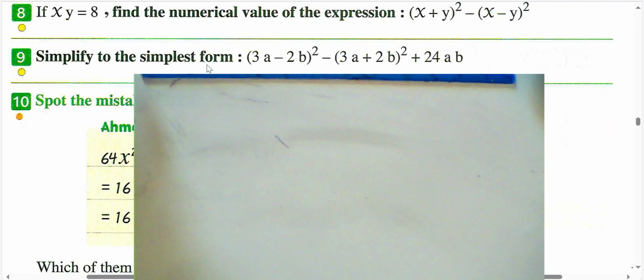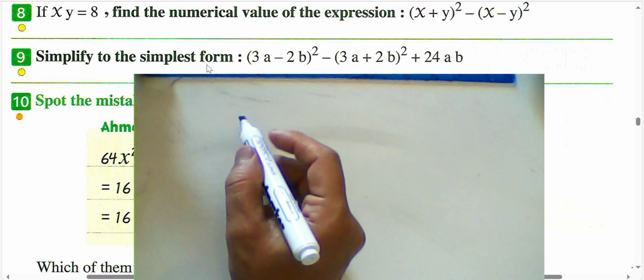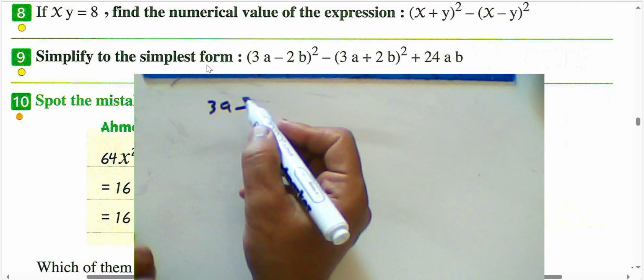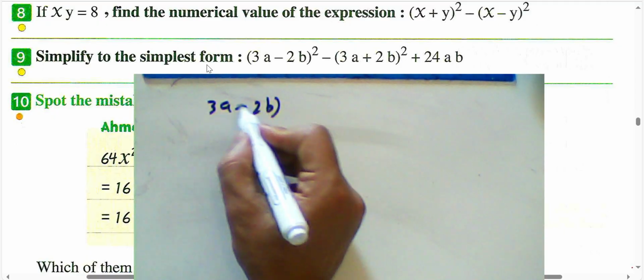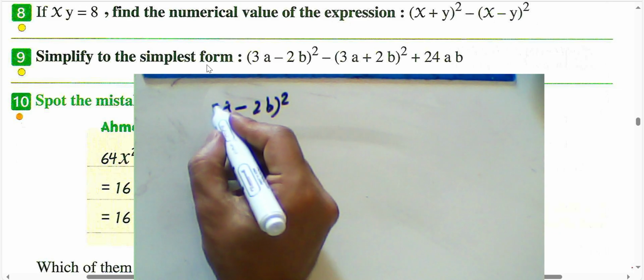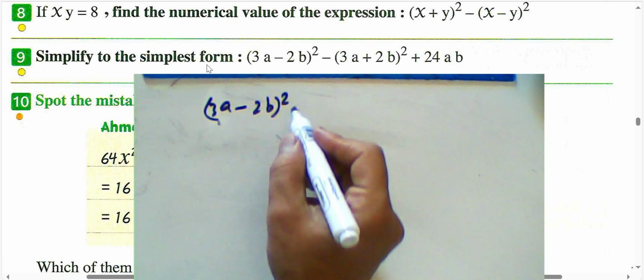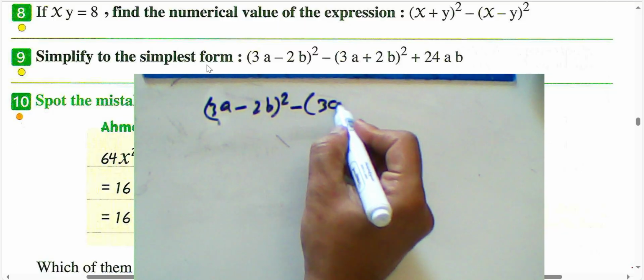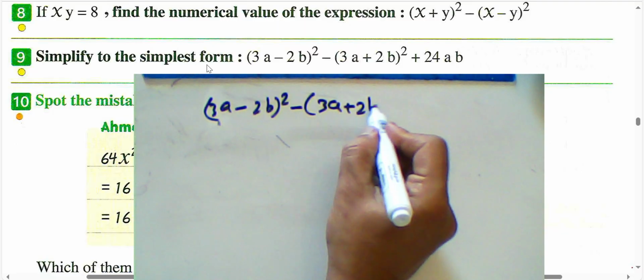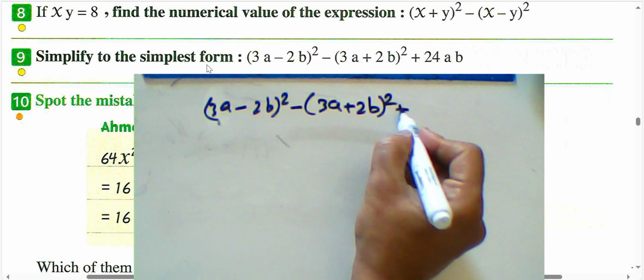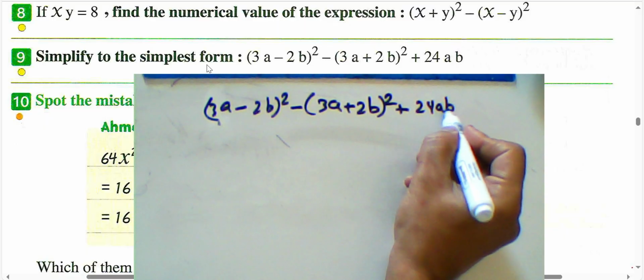Question number 9, simplify the expression 3a minus 2b all power 2 subtract by 3a plus 2b all power 2 plus 24ab.